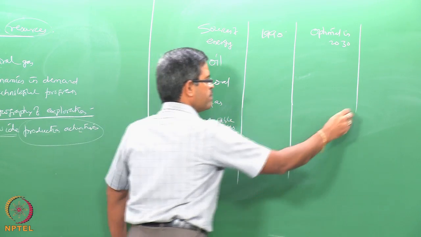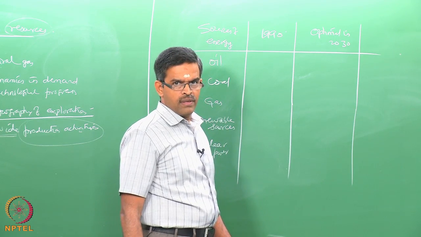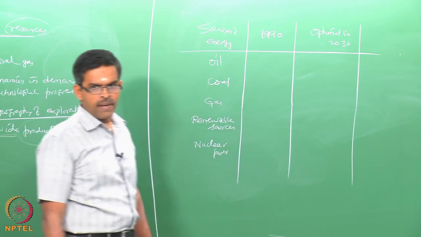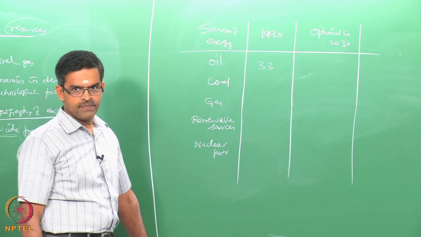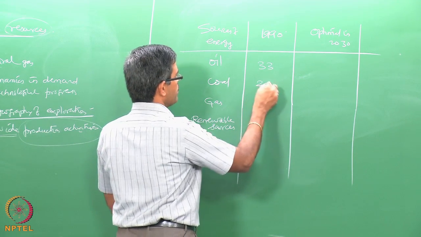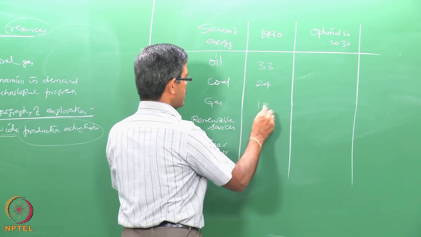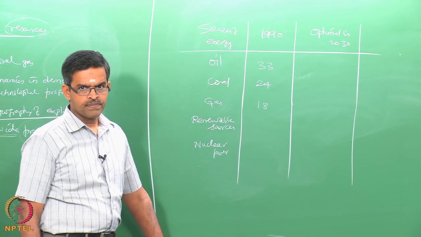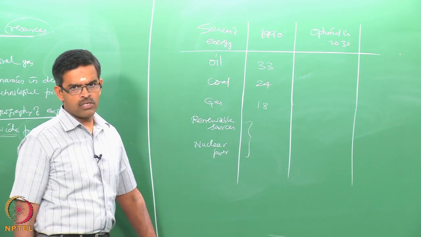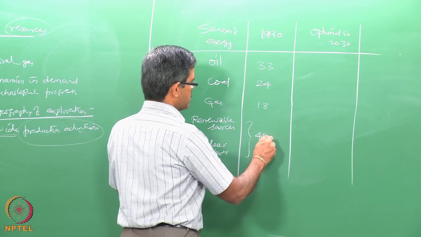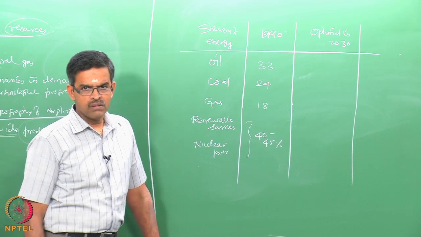If you look at this trend very briefly, let us say a good amount of percentage comes from oil and coal, and of course, a very feeble percentage from gas, and it is expected to have a good contribution, about 40 to 45%, which comes from nuclear power and renewable sources.